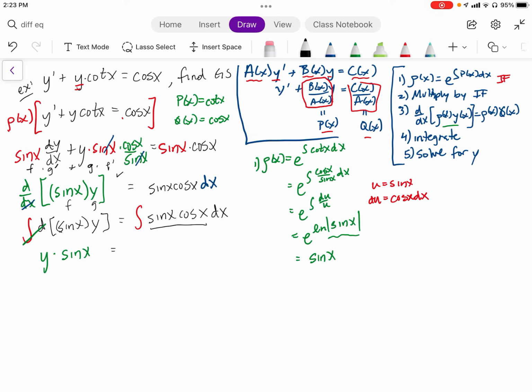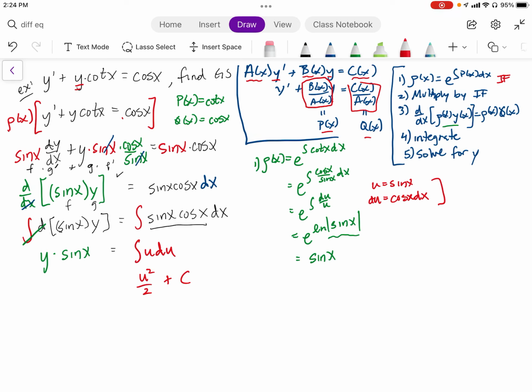I'm going to go ahead, though, and just call u, just like we did over here, right? I'm going to use that same substitution. If u is sine of x, du is cosine x dx. So therefore, my integral is just u du. Okay, and that is u squared over 2 plus c.